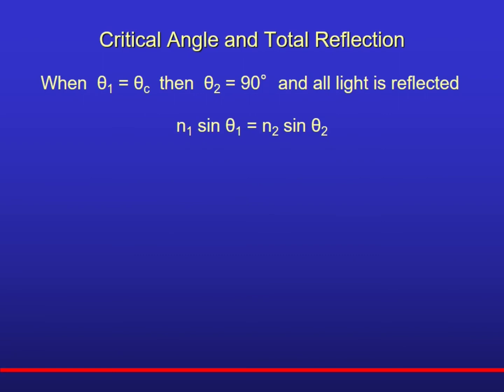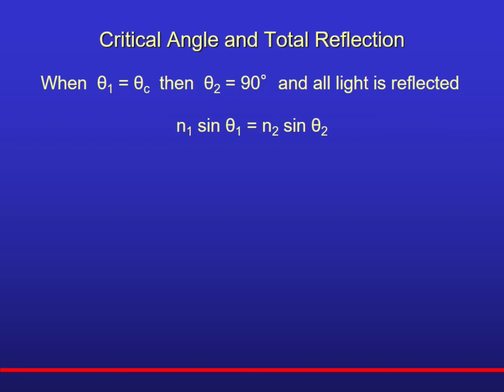Let's find the value of the critical angle, the point where total reflection begins. And any angle greater than the critical angle will continue to have total reflection of light. Okay, so where does this phenomenon begin? When theta 1, the angle of incidence, equals theta c, that's the critical angle.